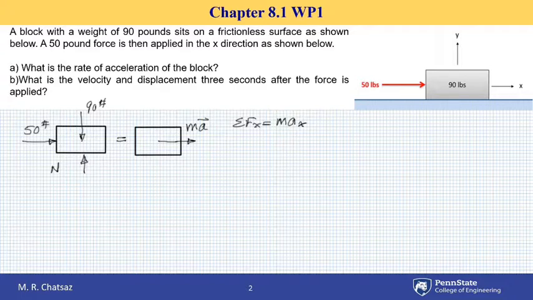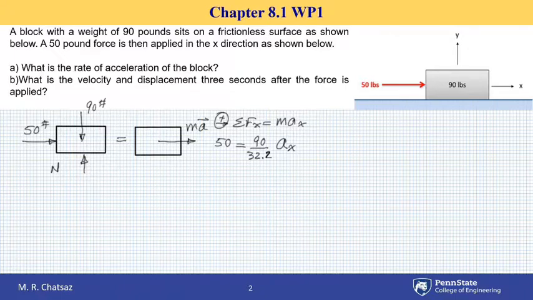So if I continue with numerical calculations, I have 50 pounds as the only force in positive x direction equals MA. Mass is weight divided by acceleration of gravity, 90 over 32.2 times acceleration in x direction.